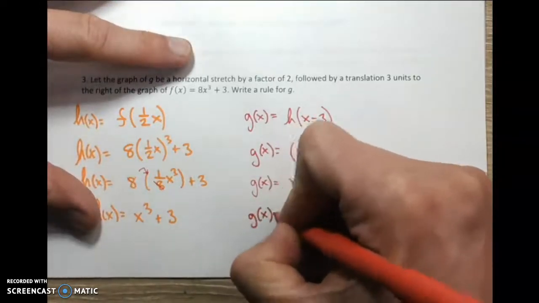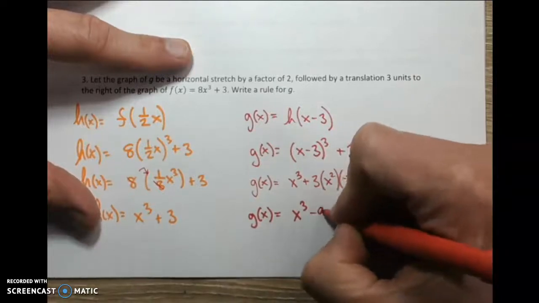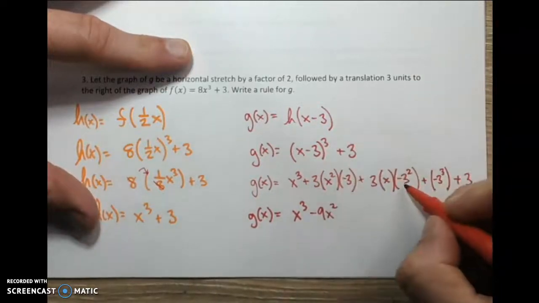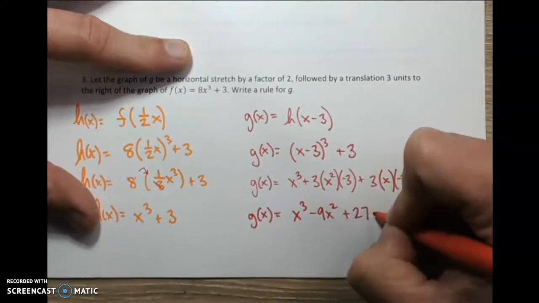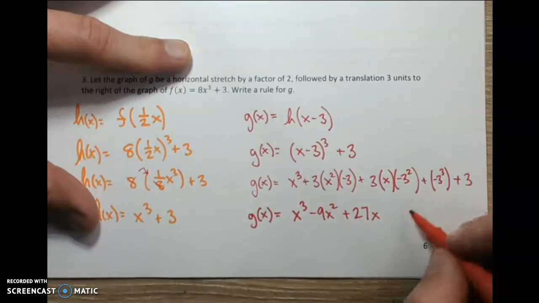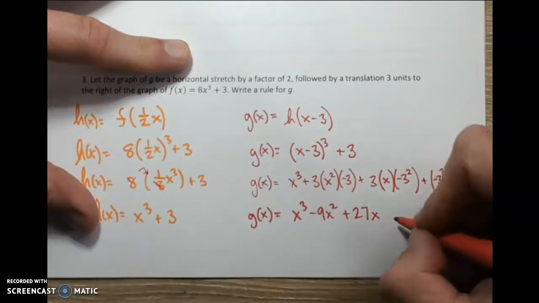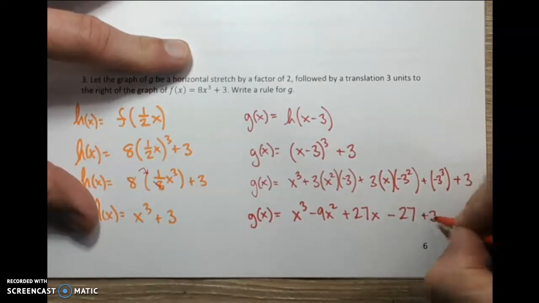G of x equals, now I simplify, x cubed, I get negative 9x squared. Negative 3 squared is 9, times 3 is 27x. And then negative 3 cubed is minus 27, and then plus 3.